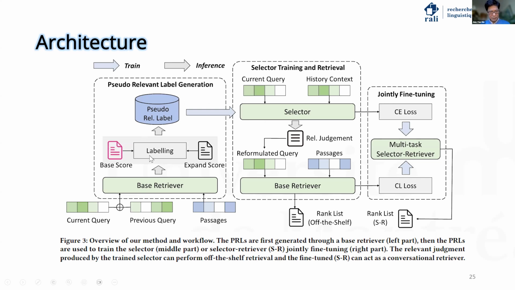We have this first module that will make the pseudo annotation, and then the second one will train the selector. And finally, we have potentially a multitask training process to train the selector and the retriever together. But this is not so effective at the end. So the main message is that we have a pseudo annotation, and based on that, we train the selectors to select the previous turns.